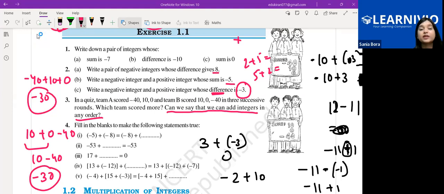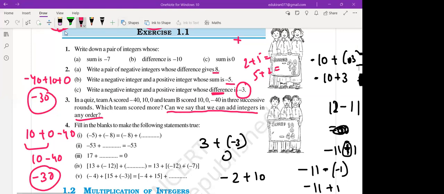Tell me which property talks about the places of the numbers not mattering. Check your notes, where you wrote all the properties. Vikas, you even didn't get it? Priyanka?